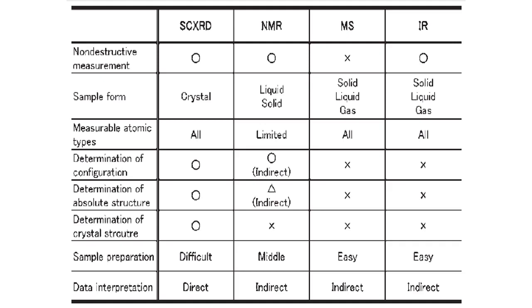As far as sample preparation is concerned, in XRD the sample is prepared with great difficulty. In NMR, it is somewhat easier than XRD, but more difficult than MS and IR. And in the case of MS and IR, we can prepare the sample easily.